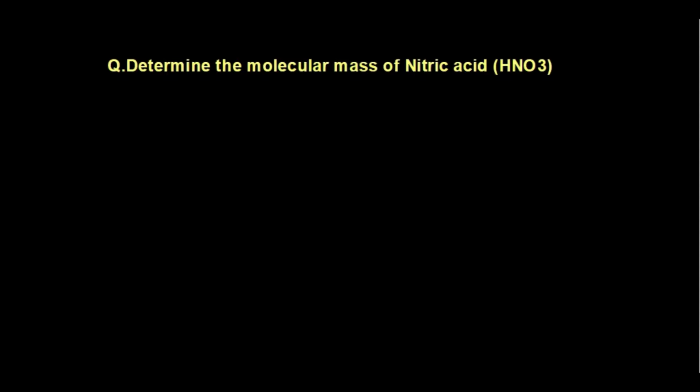Now we will see some questions in which we are asked to find molecular mass. The first question which is given is, determine the molecular mass of nitric acid. The formula which is given here is HNO3. This is the molecular formula for nitric acid. Now we will calculate the molecular mass of nitric acid. Atomic mass of hydrogen is 1 atomic mass unit plus atomic mass of nitrogen is 14 atomic mass unit, and the atomic mass of oxygen is 16 atomic mass unit. 3 atoms of oxygen are there, so we write 3 multiplied by 16.